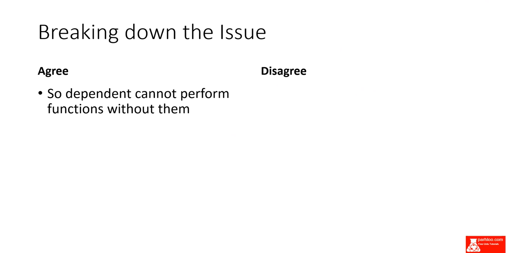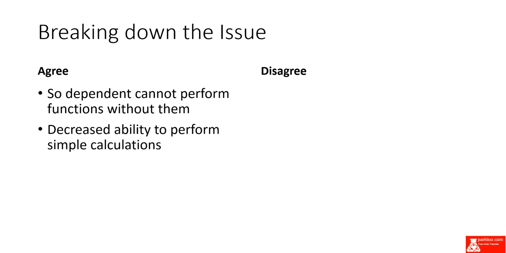Best example: face it, you use your calculator for more than just trigonometry and algebra. You probably end up doing some very basic calculations that you could do in your head, but it just doesn't feel worth it, right? Like 4 plus 2. Admit it, you've done it at some point in your life. Second potential reason: decreased ability to perform simple calculations. This basically backs up what I just said.